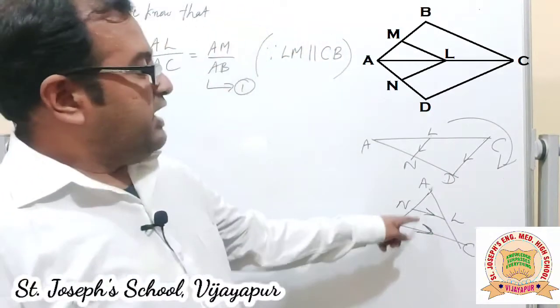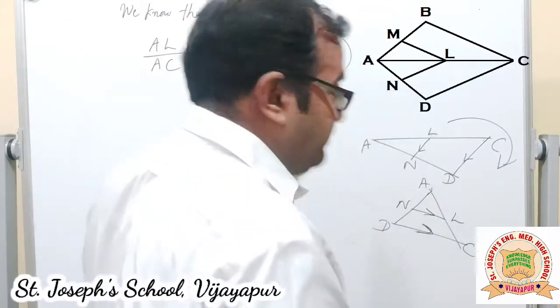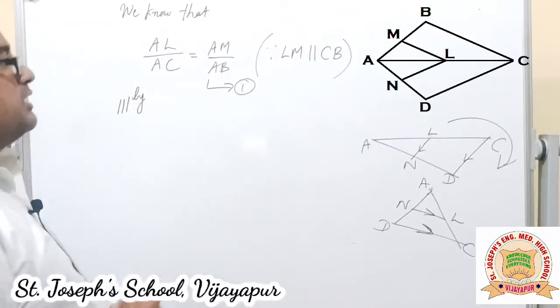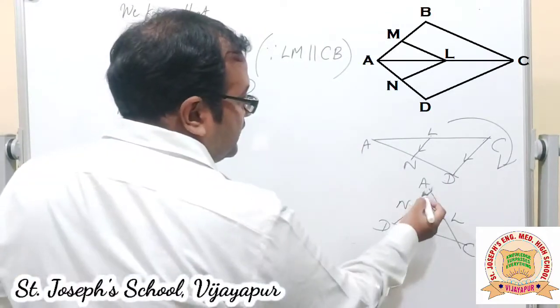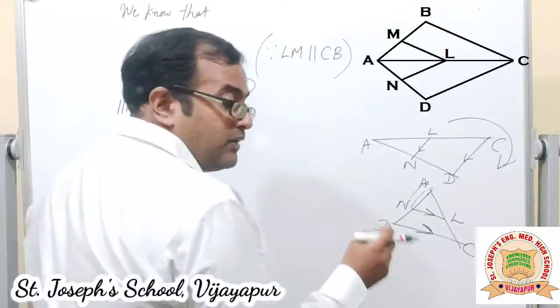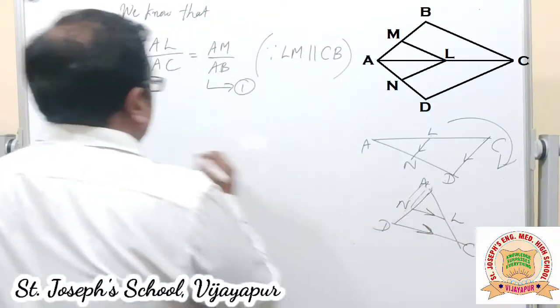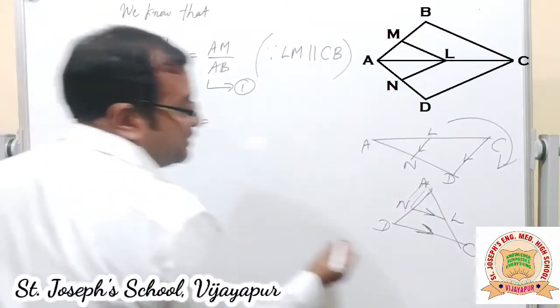Now if LN is parallel to DC, again by applying the same idea we applied for the previous one, similarly if we apply first part upon full part, right? So AN upon AD, this is what we need. One more part of the proof we require is to find this AN upon AD. So AN upon AD is equal to what?